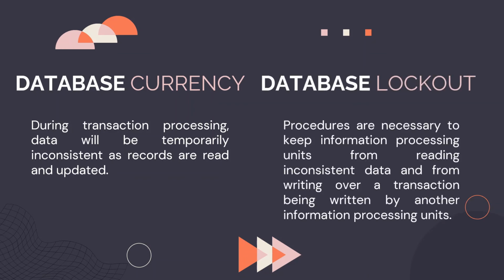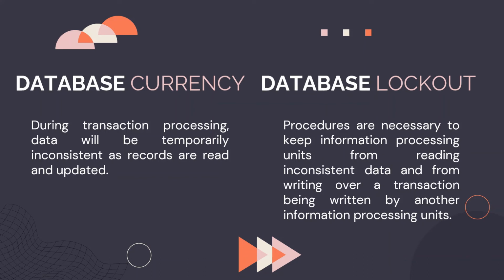It is a software control which prevents multiple access to data. So when we say database lockout, for example, again, site A wanted to look and also site B wanted to look at that specific transaction.